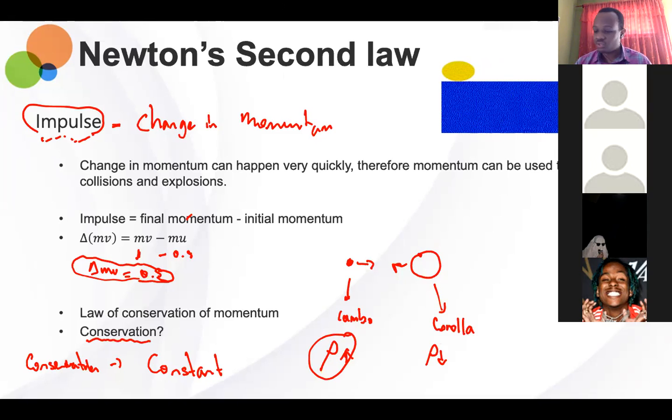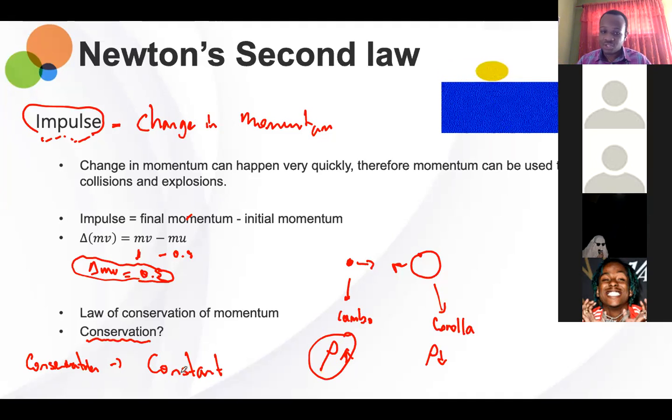That brings us to the law of conservation of momentum. When we want to conserve something, we want to keep it the same. For example, we have a pipe and there's a leakage. In order for us to conserve the water in that pipe, we must cover it so that it remains the same.